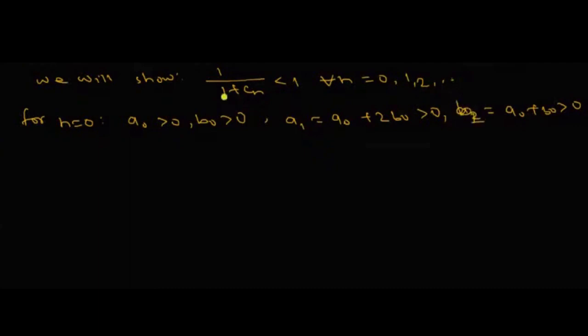Let me write clearly. So c_1 is equal to a_1 by b_1, which is positive.